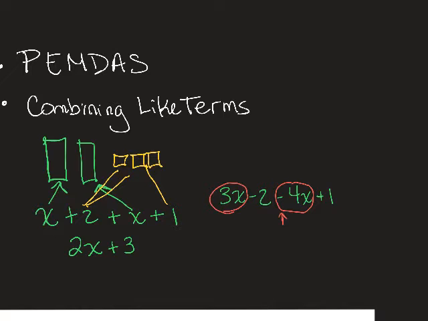So this would give me a net of negative x. And then you could combine the single numbers together and you get minus 1. So combining like terms was our middle of the week lesson.